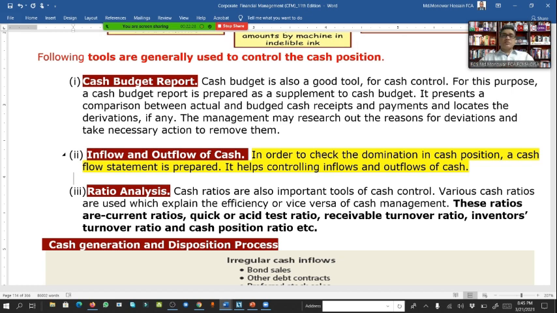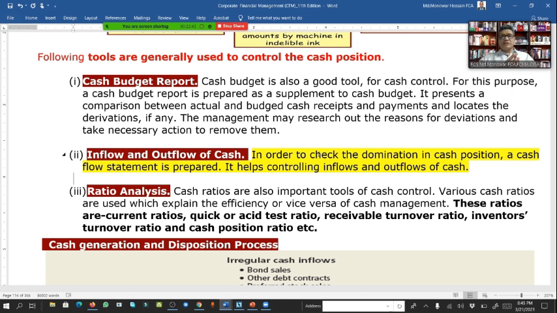That means sometimes we can also control through ratio analysis. Cash ratios are also important tools for cash control. Various cash ratios are used to explain efficiency and cash management.